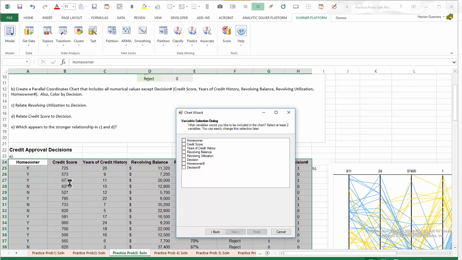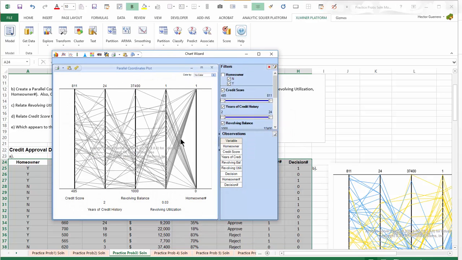We want all the numerical values: credit score, years of credit history, revolving balance, revolving utilization. A decision is not a numerical value. We want homeowner number, and that's, I believe, it. We don't want the decision number. So we hit OK. Here's our graph.